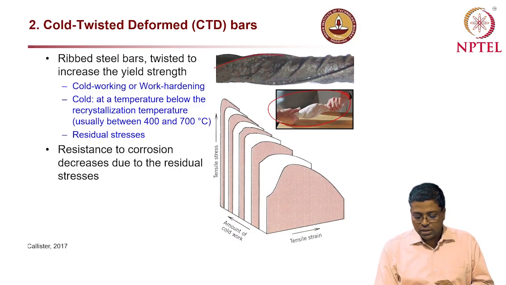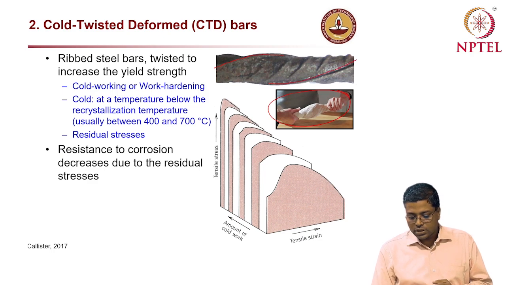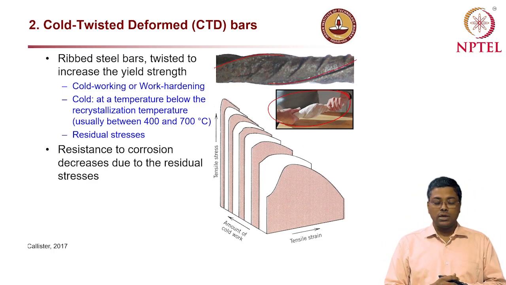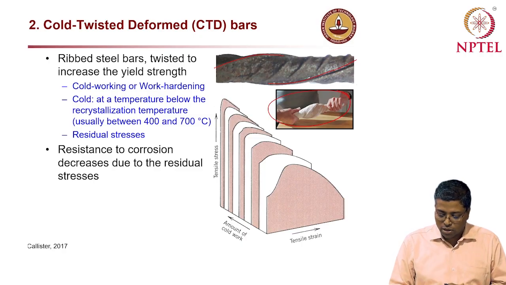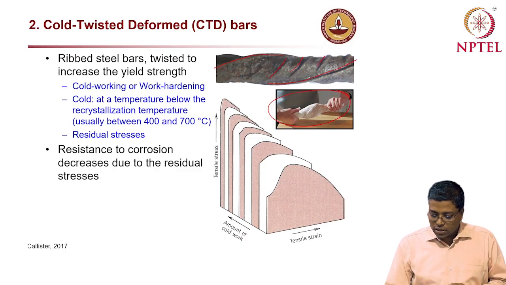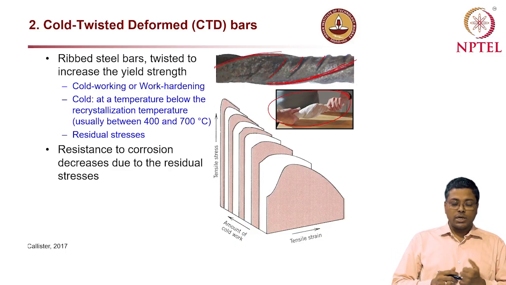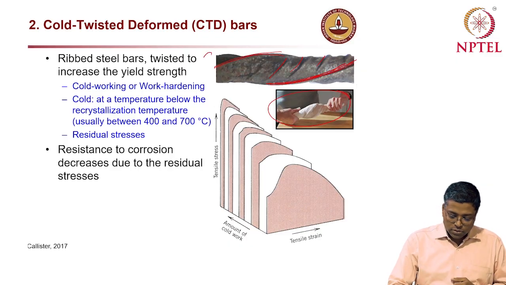So you can see the ribs are going something like this, and not like what you usually see in today's steel, which is available in today's market. So these are the ribs, and this long one, I call it the seam, like in a cricket ball. You can see this portion here, and it is a twisted bar. Okay, so this is twisted like this.